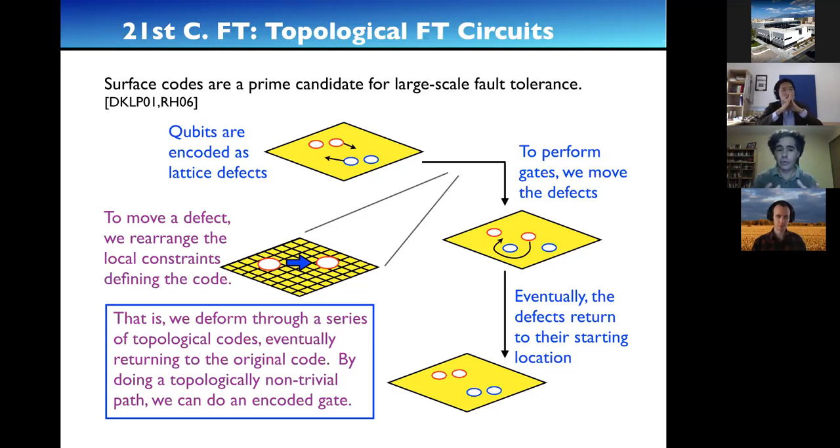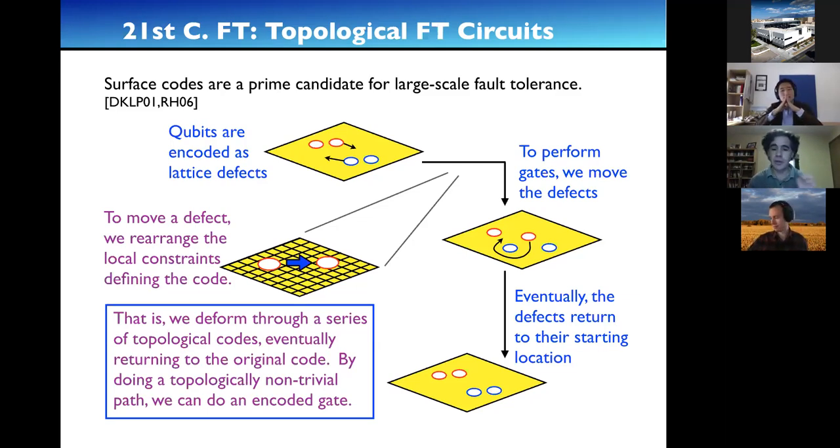The holes are used to encode the qubits. The qubits are encoded not in any specific place, but spread out over this whole system in such a way that in order to change the state of a code, you have to do something that's topologically non-trivial. You have to do something that's a loop around one of the holes or a line between the 2 holes.